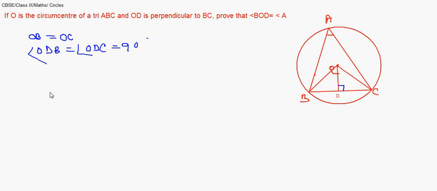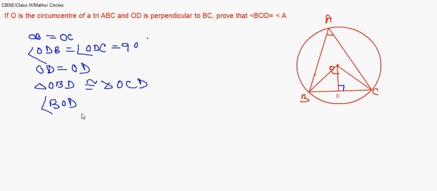We also know that OD is common, thereby proving the congruency of triangle OBD and triangle OCD. Now, if we have proved the congruency, we can prove by CPCT that angle BOD is equal to angle COD. These two are now equal.